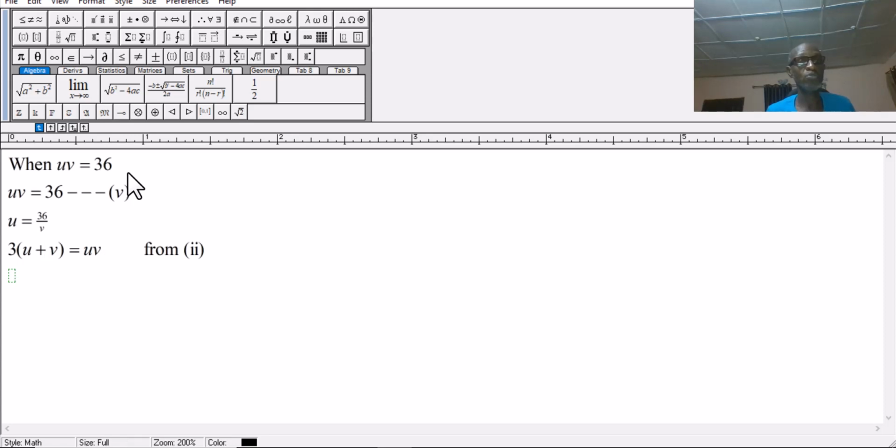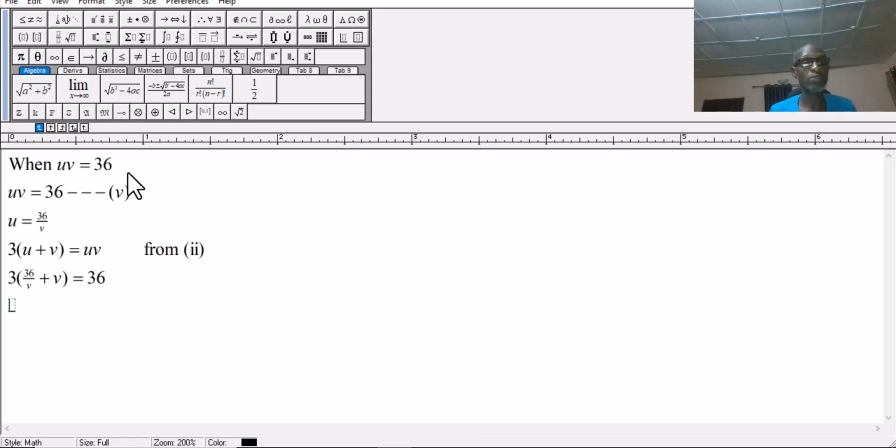So from 2, I can say 3 into, I will now put 36 over v plus v, is equal to 36.